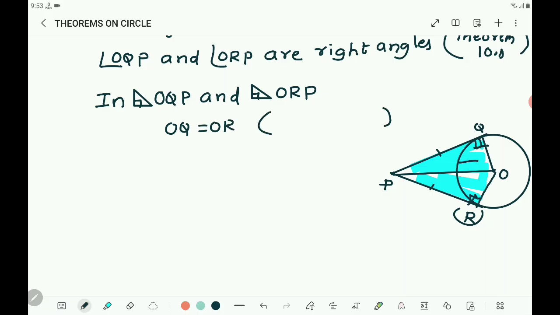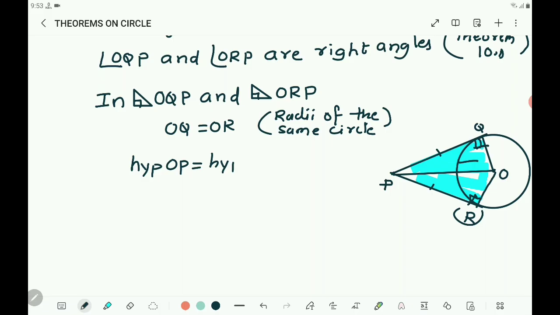Reason, radii of the same circle. Right, hypotenuse OP equals hypotenuse OP, or otherwise you can leave the word hypotenuse, directly you write OP equals OP common side. So you write common side.